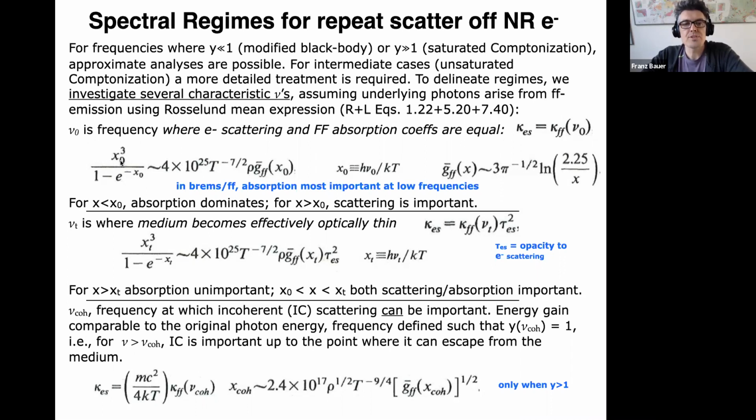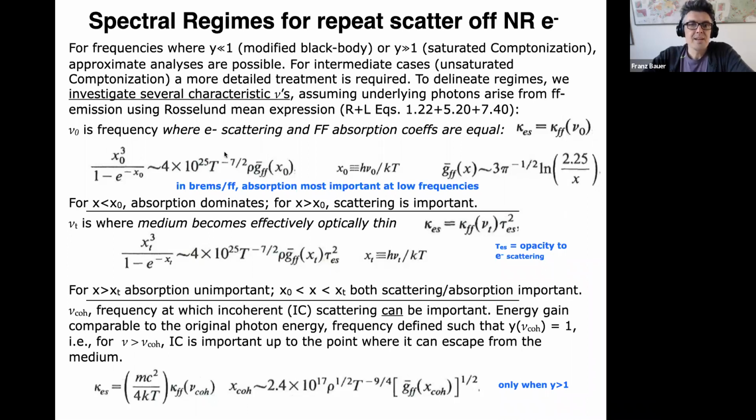In the absorption regime, this can be expanded to be this. It'll go as temperature to the -7/2, the density of the material, and then this Gaunt factor, which has a very loose dependence on nu and T.